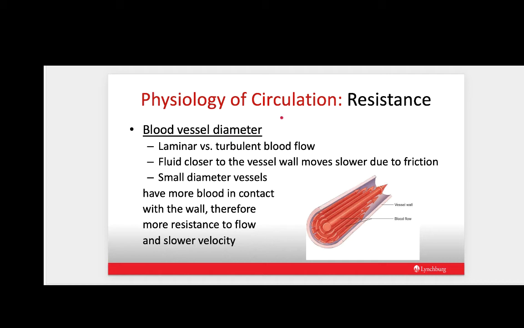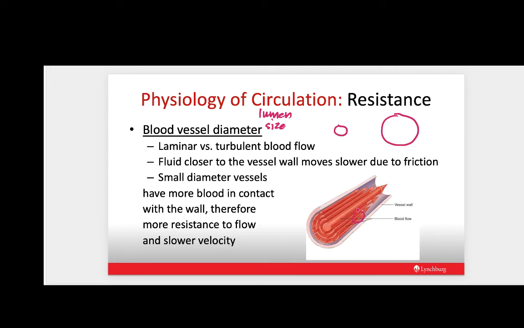And so this has to do with how big your blood vessels are, right? So we're talking about lumen size. Okay? So now what happens with this is that if you look at blood flow, the blood flowing next to the walls of the vessel is going to flow slower due to resistance than the blood flowing in the center.